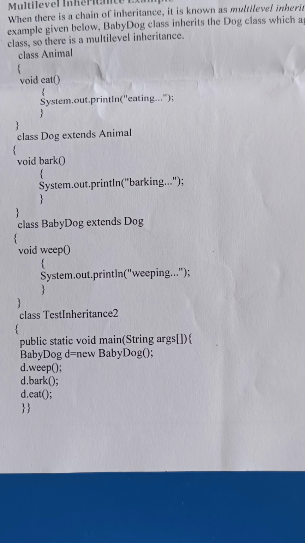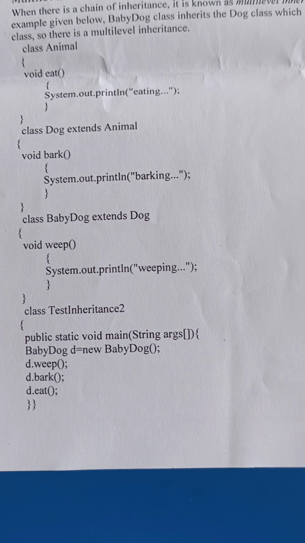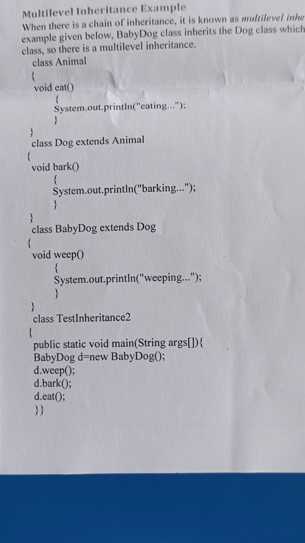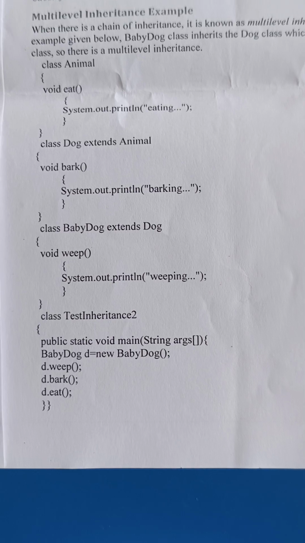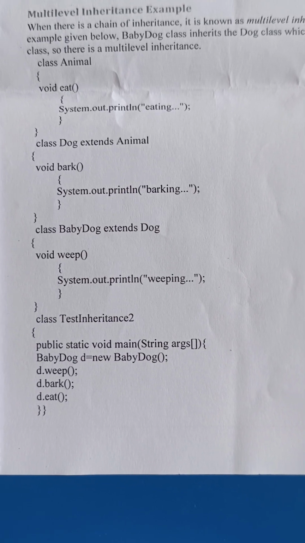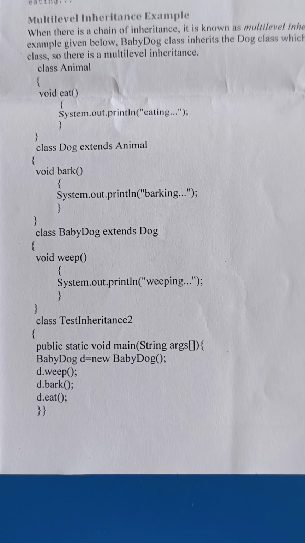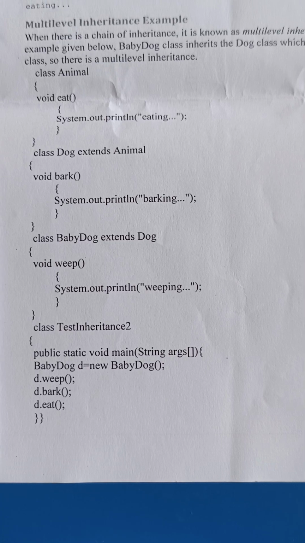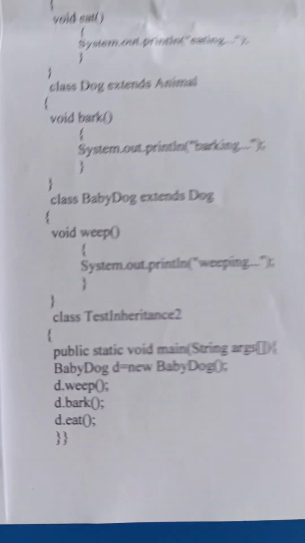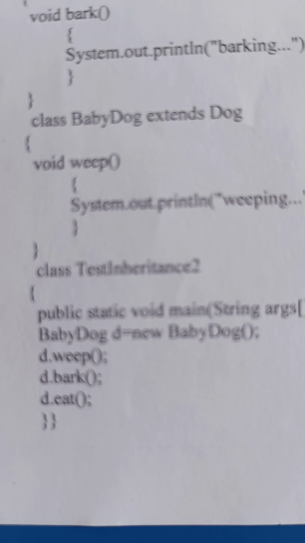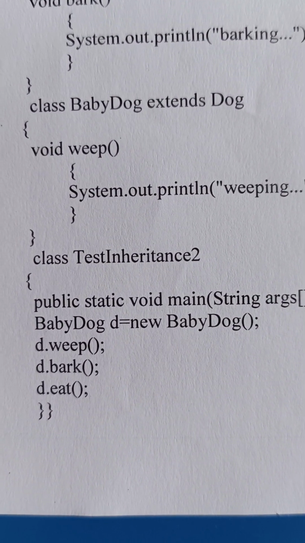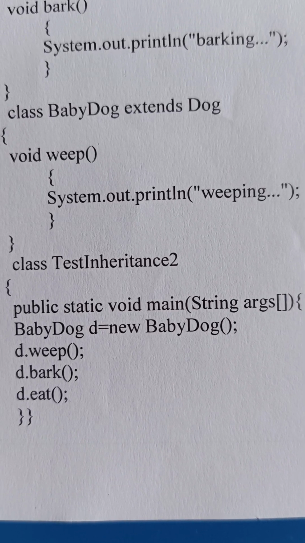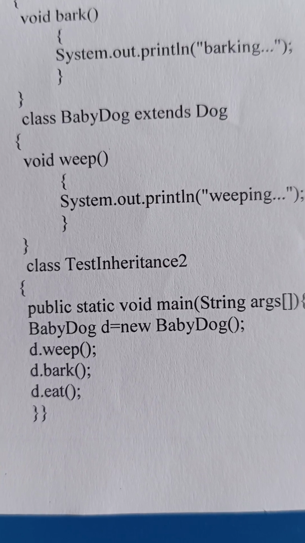Baby dog normally will weep, meaning it will produce a weeping sound. Then we create the main class, and by using the baby dog object we can access the features of dog as well as the features of animal. For example, we create the object d for baby dog, then d dot weep, then d dot bark, then d dot eat.